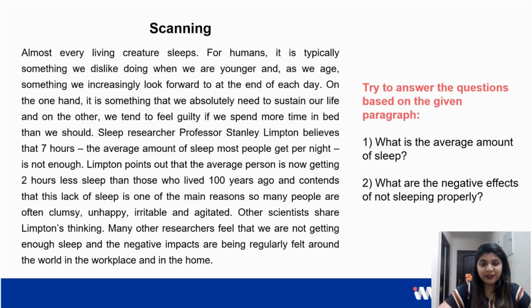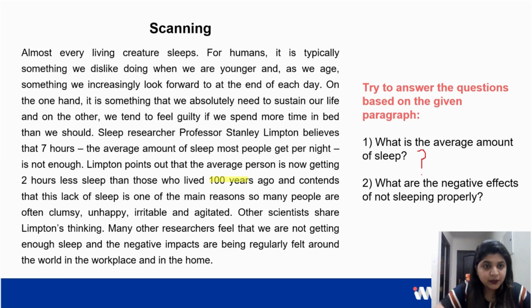So here a passage is given, and let us read the questions which we are supposed to answer. The first question is, what is the average amount of sleep? So it means I need to look for a number. Let us scan the text for the number. The very first number I am able to scan is this 100 years, but of course this cannot be my answer.